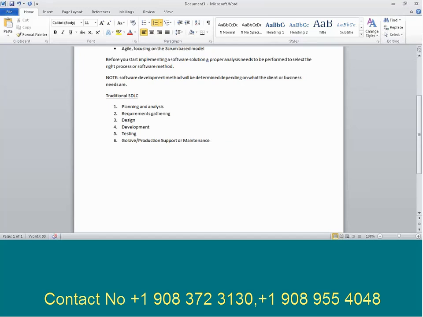So with that being said, let me start talking about the first phase, which is planning and analysis. In each of these phases, I'm going to talk about the milestones accomplished, and when I say milestone, I mean deliverable. The purpose of implementing a phase is to achieve something; we don't do it for nothing.